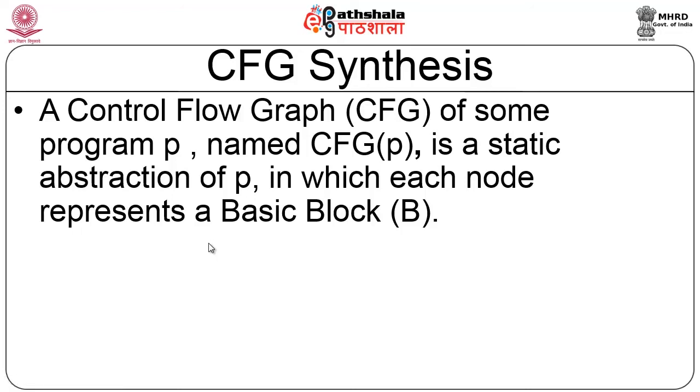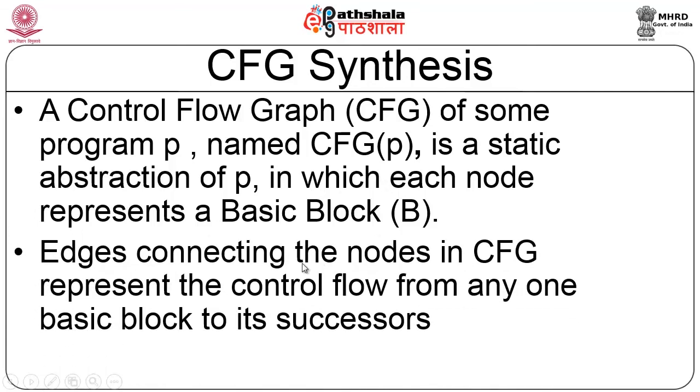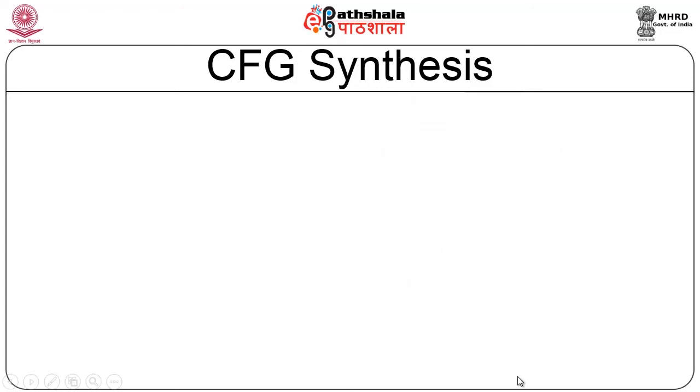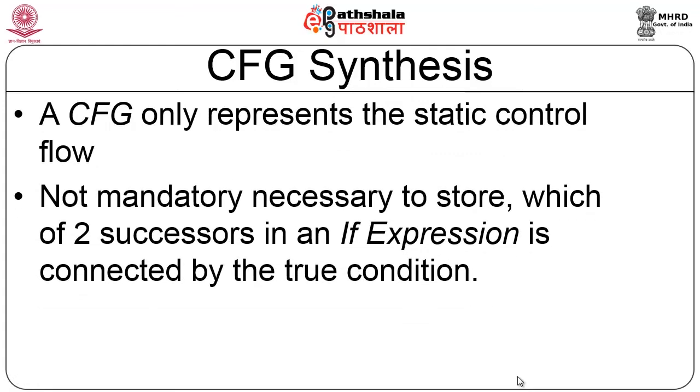You can have a control flow graph synthesis of some program P, named CFG of P, which is a static abstraction of P in which each node represents a basic block B, and you have edges that connect the nodes such that they represent the control flow from any one basic block to its successors. The CFG typically represents a static control flow only, and it doesn't have to store which of the two successors is connected by the true condition.